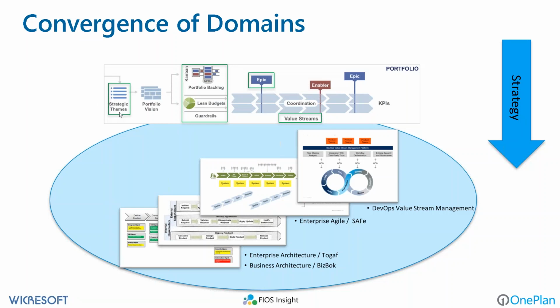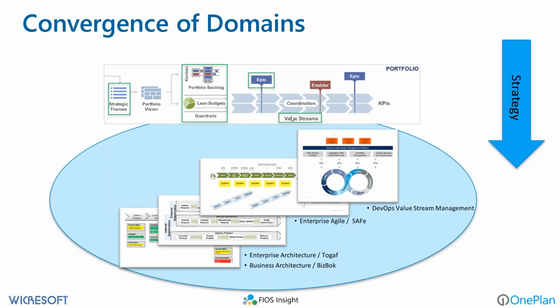The important ones that I want to highlight, and we will be addressing, are how do we get to these strategic themes? And what are some of the underpinnings that can allow us to get to this quicker in order to implement lean portfolio management within an organization? We end up with a portfolio backlog, and really a portfolio backlog of funding value streams, and that's another of the core elements that we're going to be addressing.